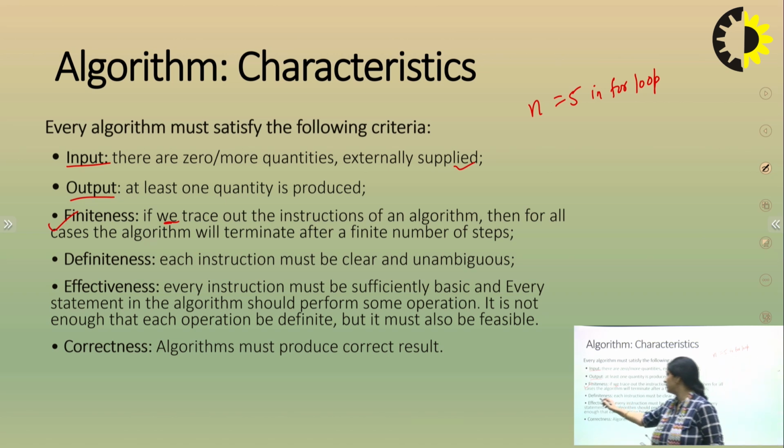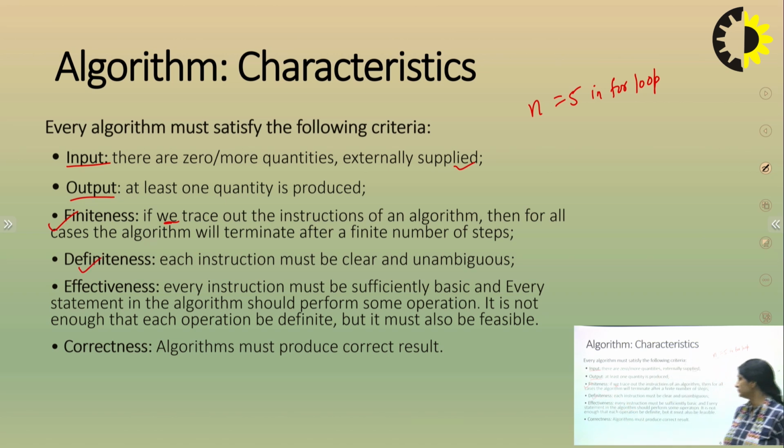Next is definiteness. Each instruction must be clear and unambiguous. Like I am taking an example, int a, and a equal to 5.0 by 2. Is it possible? This is a float value.